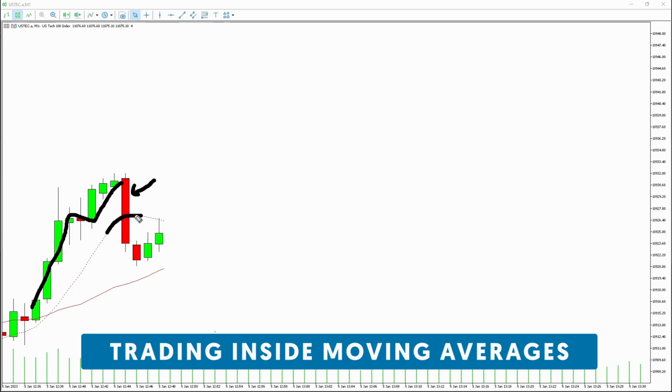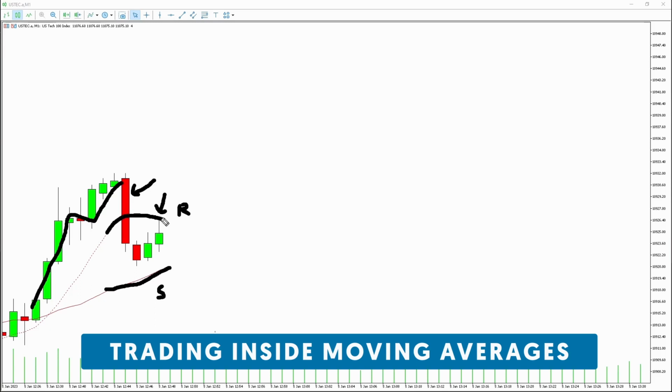This moving average that first was acting as a support, now as the price breaks and closes below it, will tend to act as a resistance. But at the same time, we have the other moving average, the 20 moving average, which is slower, but is still working as a support. So we have the support here and we have a resistance here.